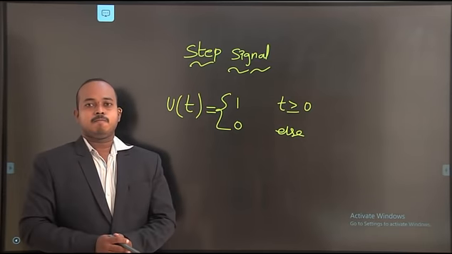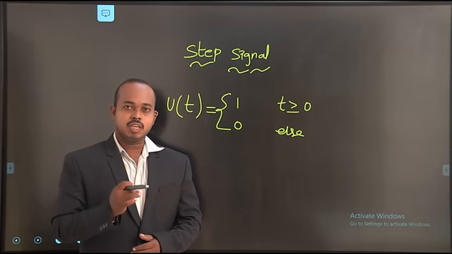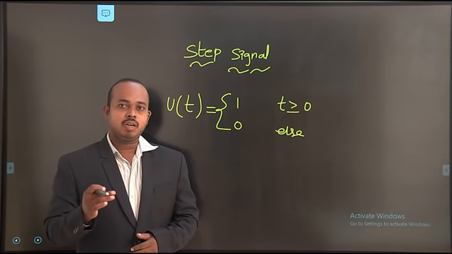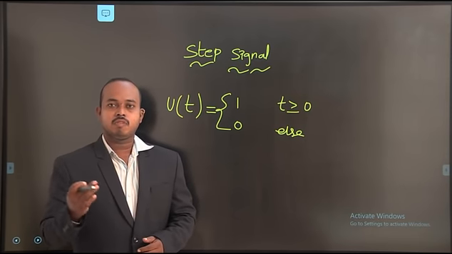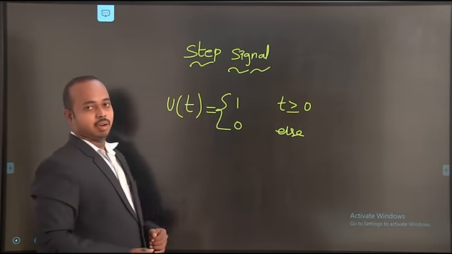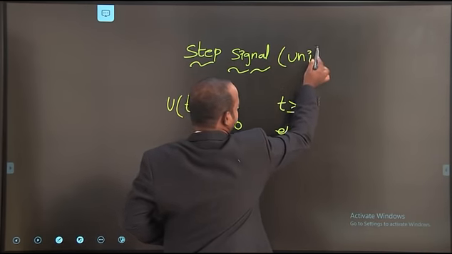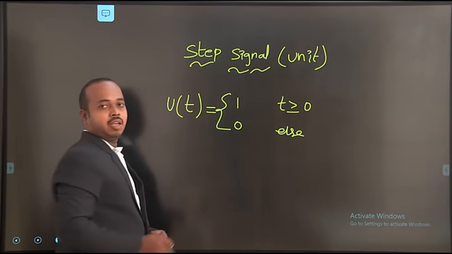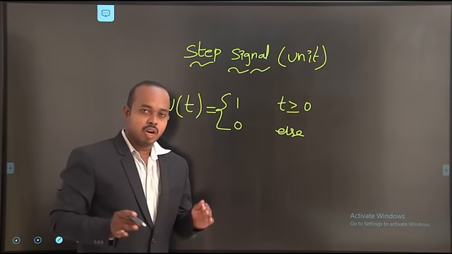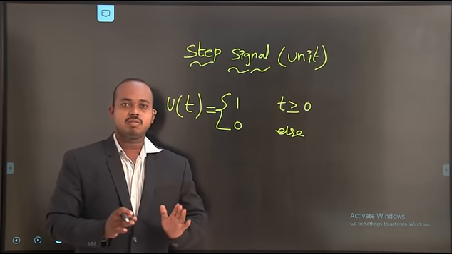What is a signal? A signal is a physical quantity that can vary with any one of the independent variables like time, frequency and displacement. Now we are discussing the step signal, which is the unit step signal, having magnitude 1.